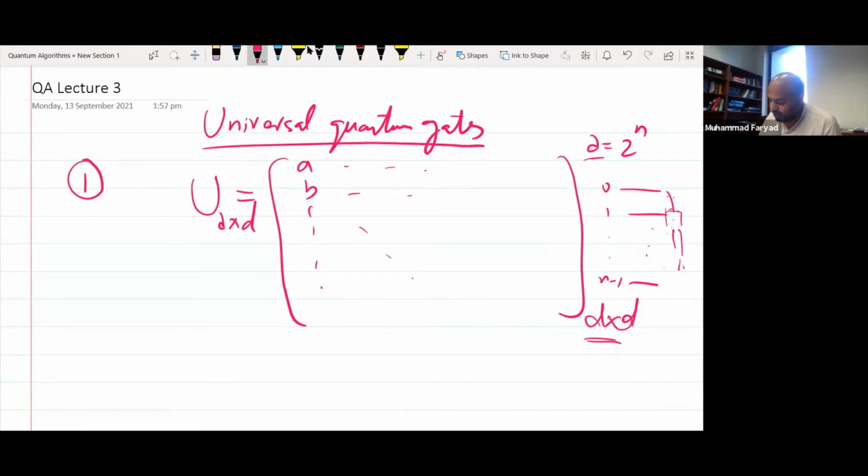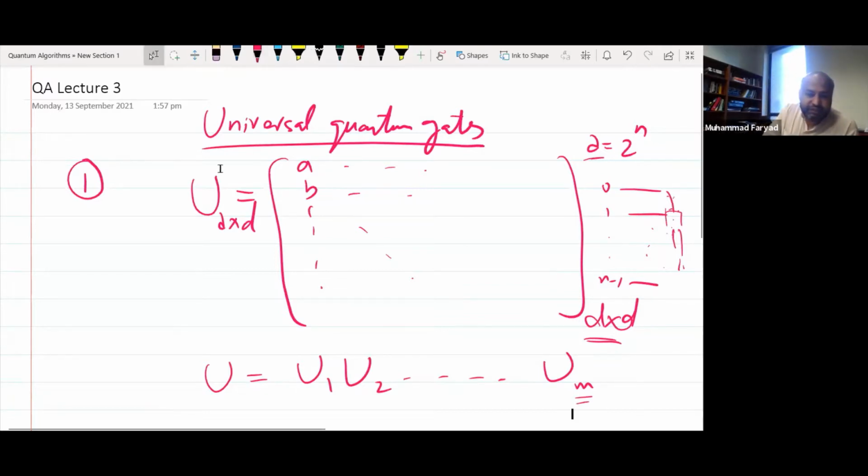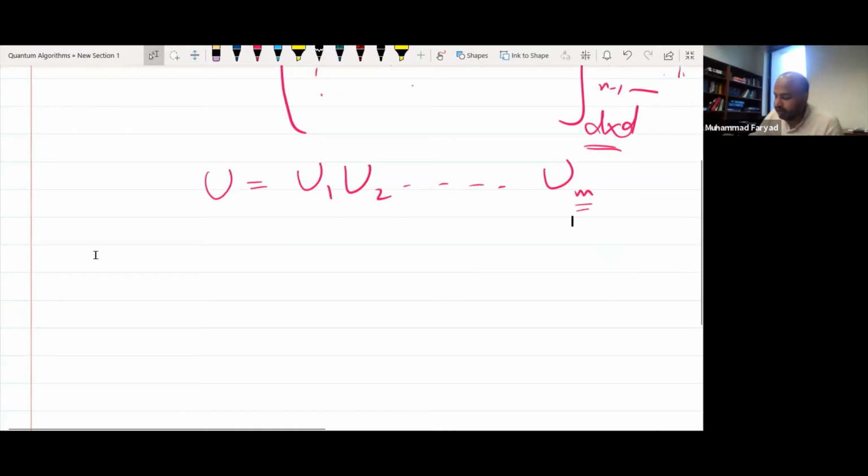So in the first step, we are going to show that we can implement it as a series of m operations. For now, let me put m, because we will find out how many we need, such that each of these matrices is of this type.